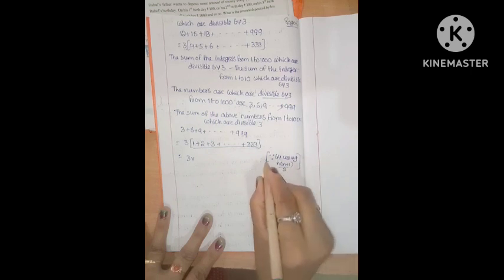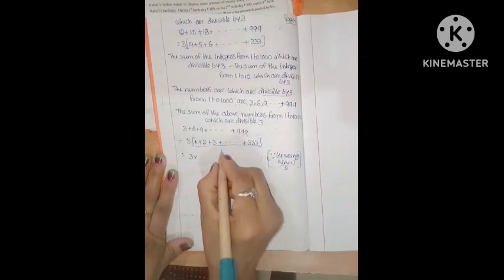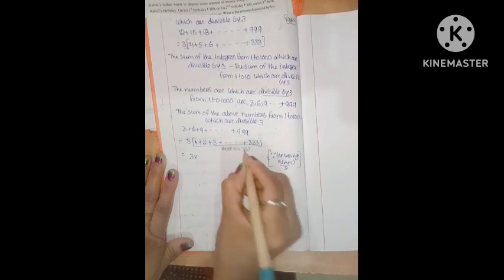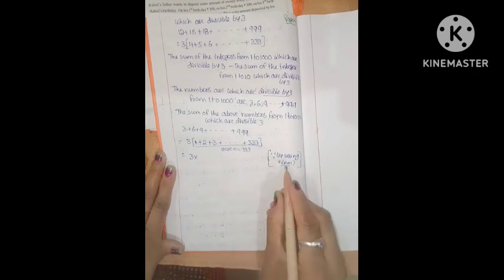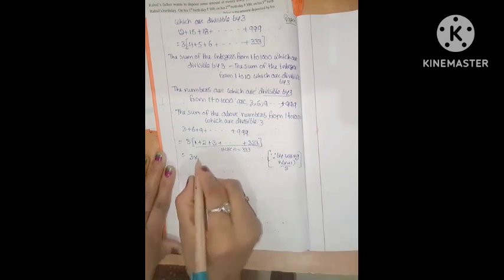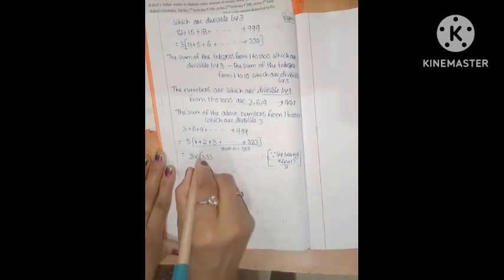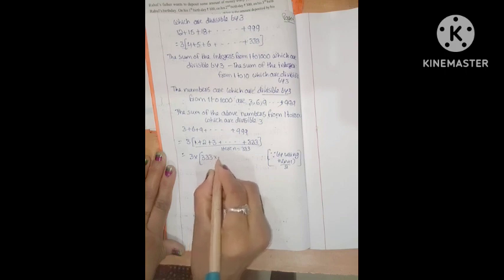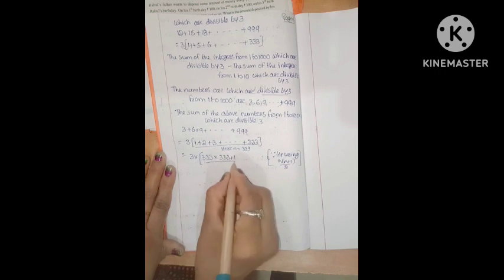Using this formula for the bracket terms, here n equals 333. Substitute the n value in this formula: 333 into 333 plus 1 by 2.